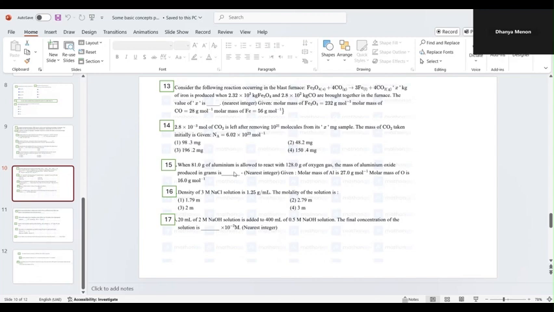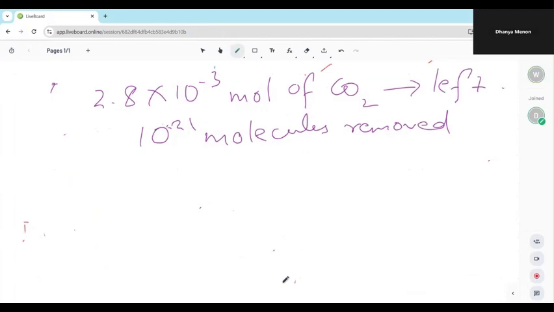Now for that, I have written the information given in the question. Now we have to find the initial mass of carbon dioxide. That's the unknown.